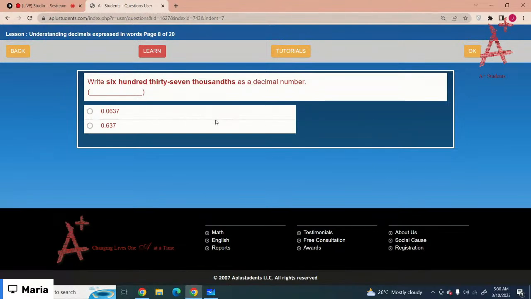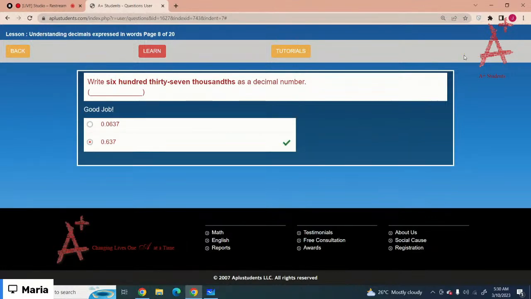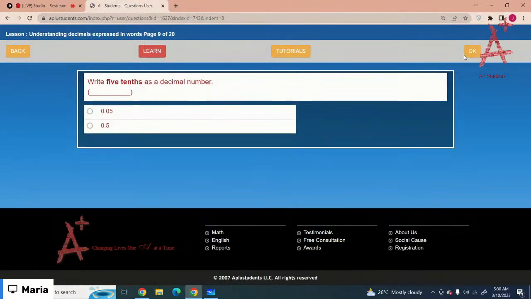Got it? 637,000. That would be 0.637. Write 5 tenths as a decimal number, which is the correct option. 5 tenths, that would be 0.5. Got it? Just add the tenths digit, so it would be 0.5.